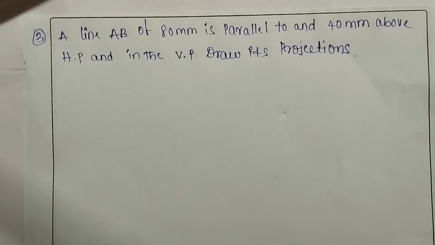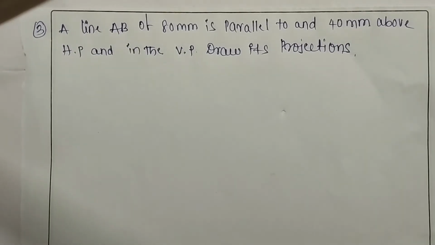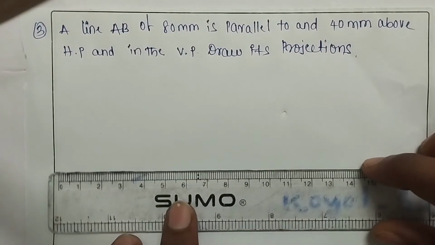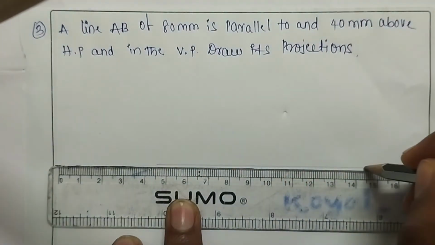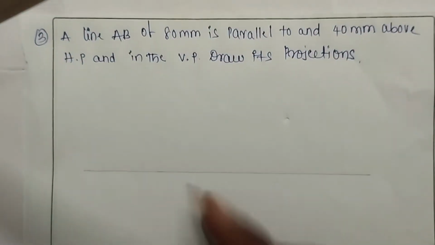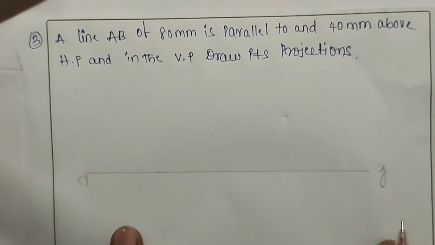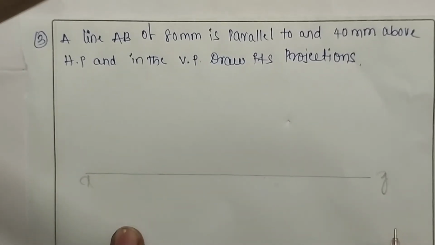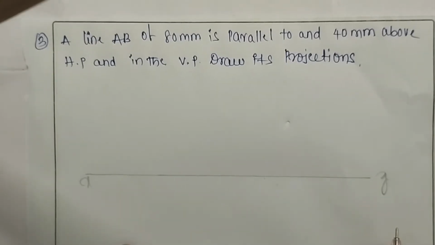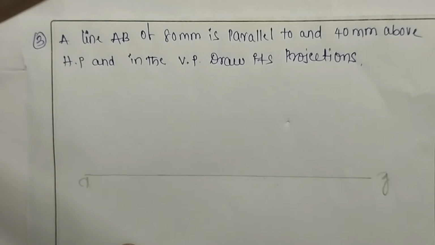Third question: a line AB of 80 mm is parallel to HP and 40 mm above HP, and in the VP. Draw its projections. For this question also, first we need to take a reference line XY. A general reference line I am taking, with X and Y. It says the actual length of the line AB is 80 mm, and that the line is 40 mm above the HP and parallel to HP.